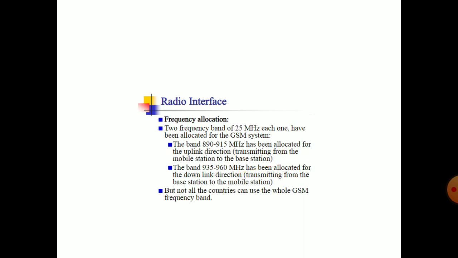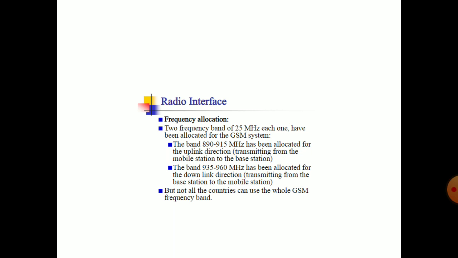Here we are discussing some of the terms used in the radio interface. The first one is frequency allocation. There are two types of links, uplink and downlink.